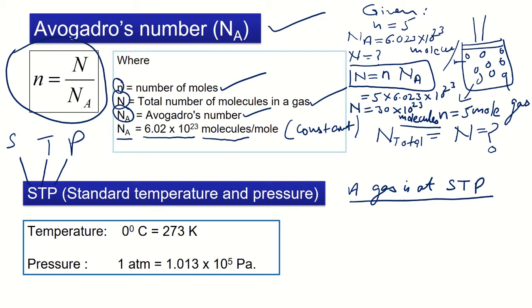In STP, S stands for standard, T for temperature, and P for pressure.